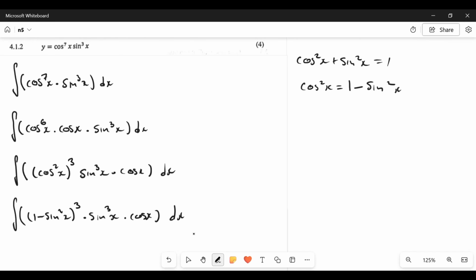Right. In order for us to integrate this, we need to factorize this here because it has the power of 3. So the shortest method I can think of is the following. We can say 1 minus sine squared x squared multiplied by, open bracket, 1 minus sine squared x, multiplied by sine cubed x multiplied by cos x dx.